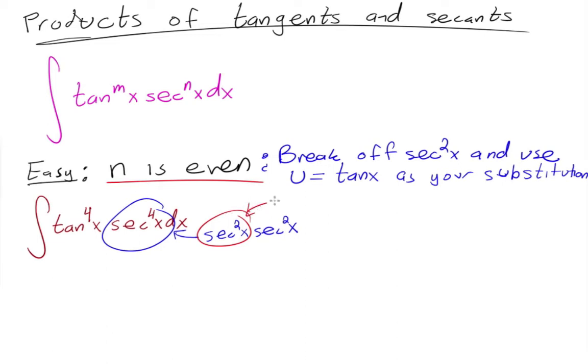Secant squared is equal to 1 plus tangent squared, so your strategy is the same. It doesn't matter what power secant has. As long as it's even, you can always break off the secant squared, and any extras you can just turn into tangents.